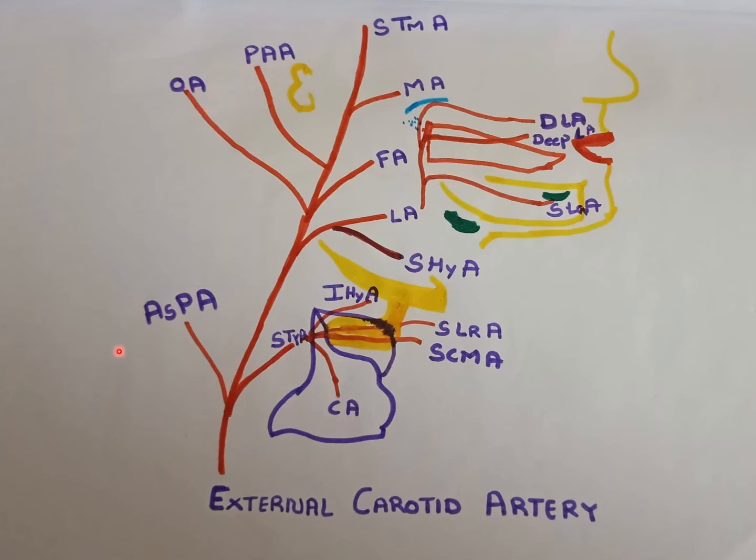Now coming to the details of the first branch, that is superior thyroid artery. This superior thyroid artery originates from the anterior aspect of external carotid artery. As you can see, it is coming from the anterior aspect of external carotid artery, just above the carotid bifurcation and below the hyoid bone.